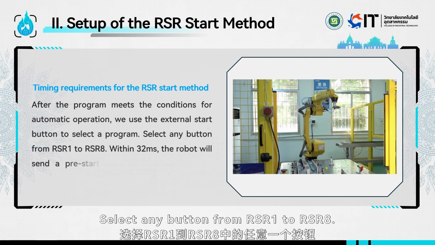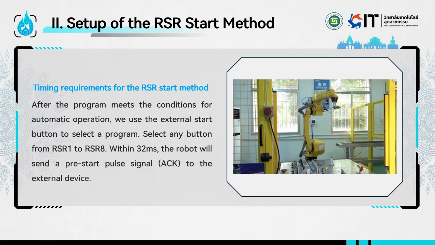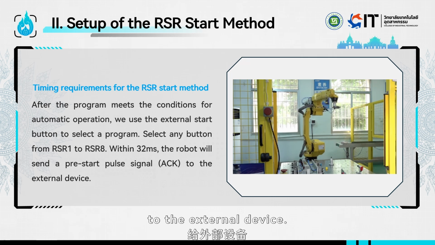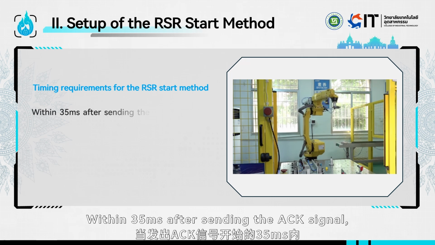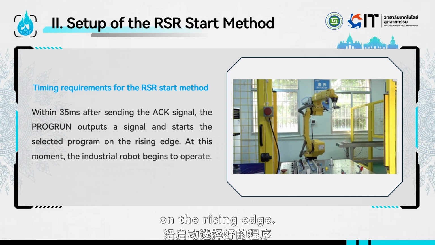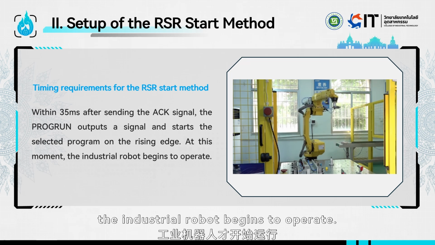Select any button from RSR1 to RSR8. Within 32 milliseconds, the robot will send a pre-start pulse signal, ACK, to the external device. Within 35 milliseconds after sending the ACK signal, the program outputs a signal and starts the selected program on the rising edge. At this moment, the industrial robot begins to operate.